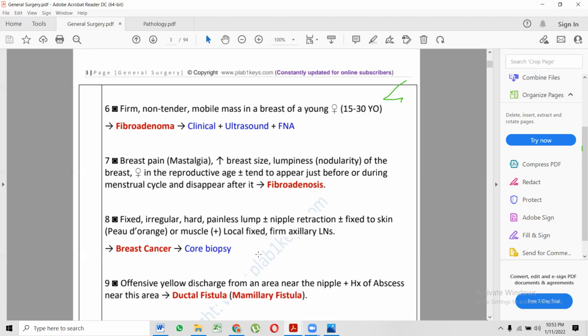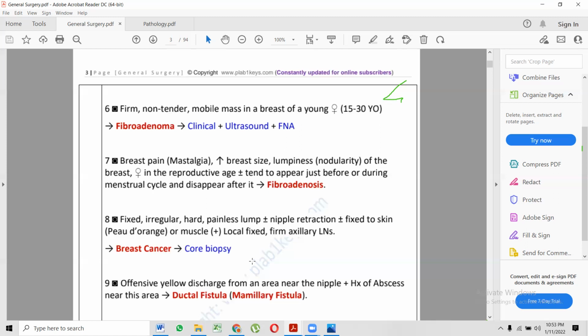Punch biopsy is like, you can imagine, when we take a scoop of ice cream, punch biopsy is like that, we punch out a circular piece of tissue. While in core biopsy, a true cut needle is used. In punch biopsy, the instrument used is circular in shape, while in core biopsy, a true cut or core biopsy needle is used, and that takes some tissue from the suspected lump.